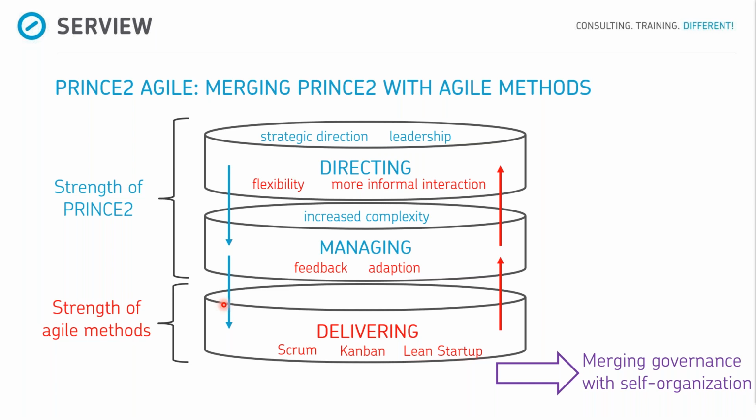The pros of Prince2 Agile are a faster or more efficient way of working due to more informal communication through all levels. The delivering level communicates to the directing level, through the managing level, so through all three levels.